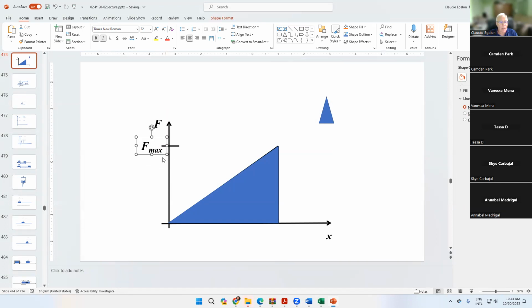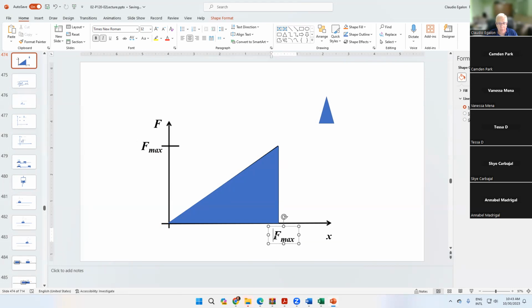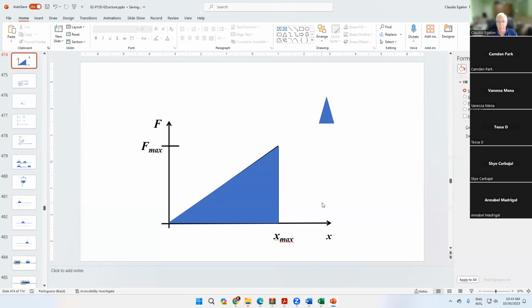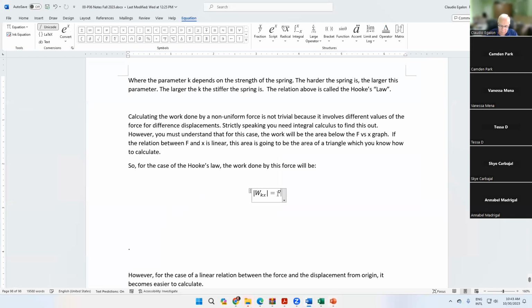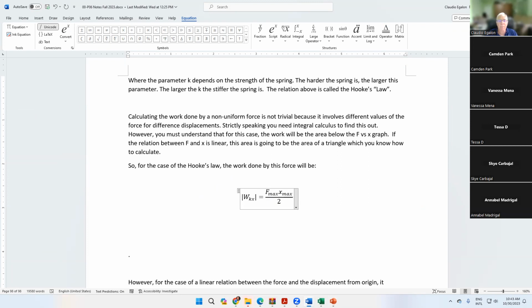If this one is F maximum, this other one here is going to be x maximum. This area here is going to be what? F maximum times x maximum divided by 2. In this specific case, it's F max times x max divided by 2.